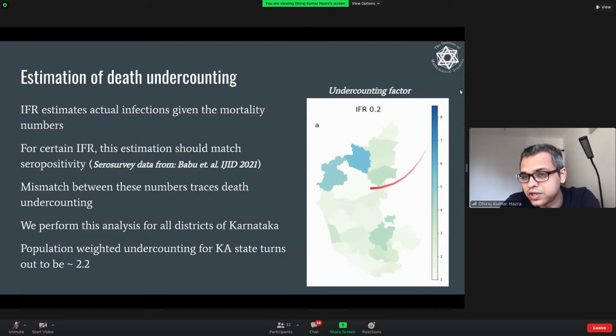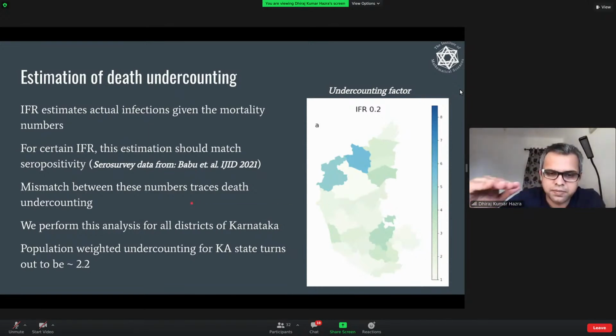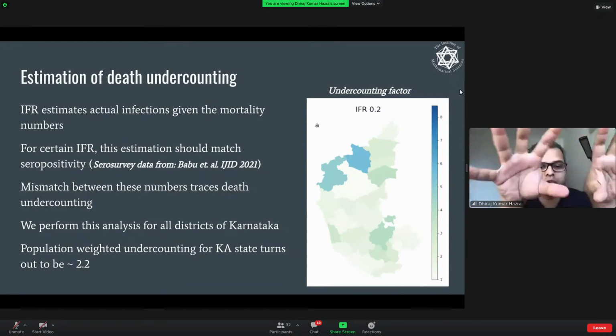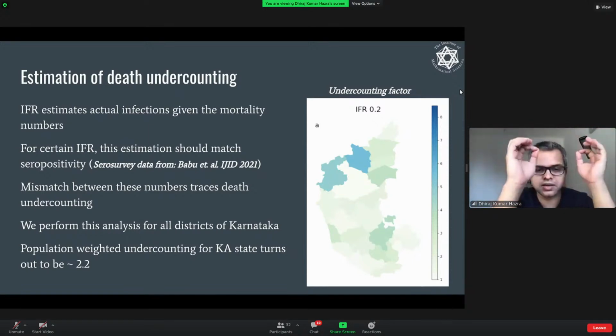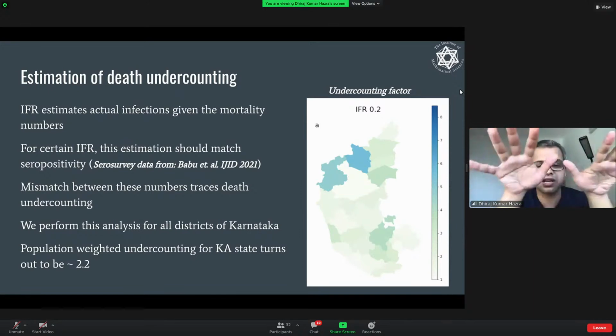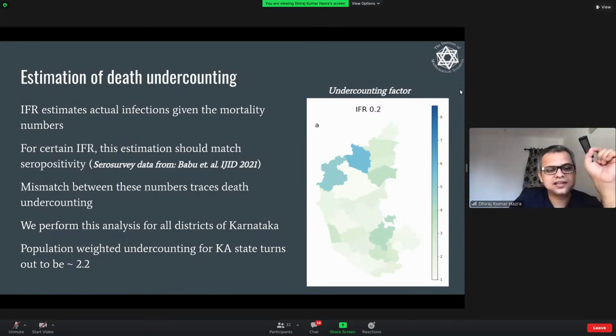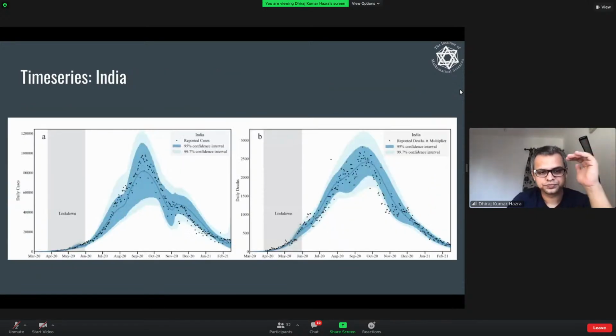The bluer colors mean more death undercounting; the more white, the less undercounting, compared to Bengaluru Urban as the baseline, where we assume there is no death undercounting. Then we population-weight the undercounting for all the districts, and that gives us the average death undercounting for Karnataka state. That turns out to be nearly 2.2, so we are undercounting deaths by a factor of nearly 2.